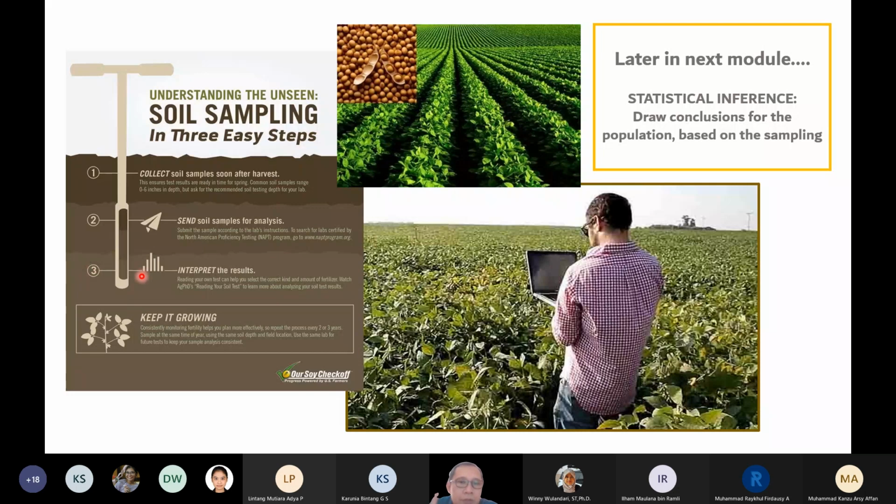Somehow you have to be able to draw conclusions about your entire population based on very limited sampling data. And that is what statistical inference is about. And again, the justification of that is sampling distribution and the central limit theorem.